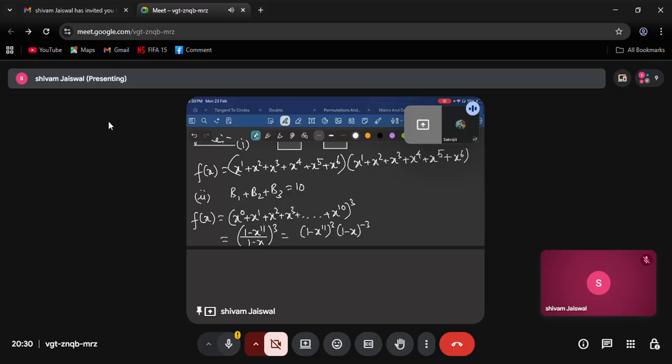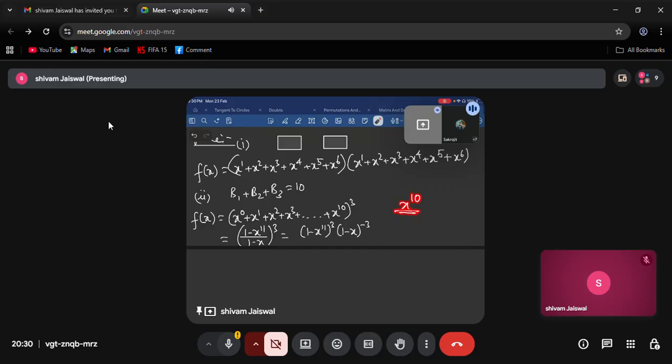We want to find out the coefficient of x to the power 10. Are you people getting? Tell me, Sokroit, Sarthak, Rakti, Manandit, are you getting? We have to find out the coefficient of x to the power 10 over here. Why the coefficient of x to the power 10? Because we have only 10 coins and are distributing only 10 coins.